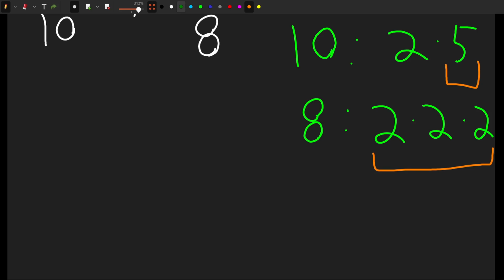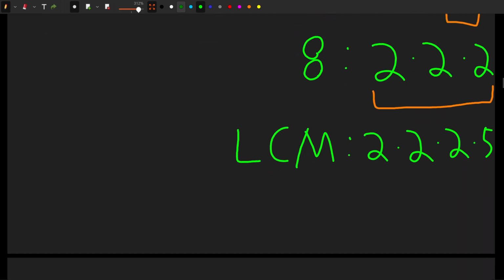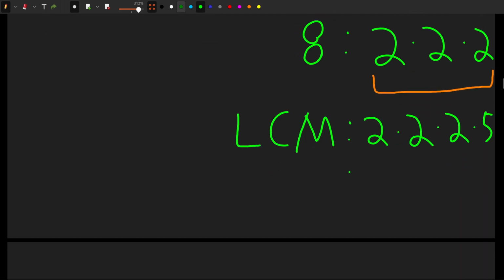So we're going to take the 1 5 from 10. And so then, our lowest common multiple, our LCM, is going to be 2 times 2 times 2 times 5. And so putting that all together, 2 times 2 times 2 times 5 is 40. So our lowest common multiple is 40.